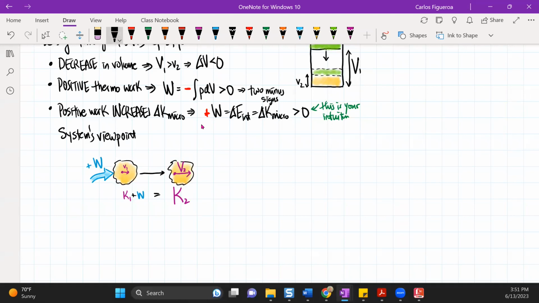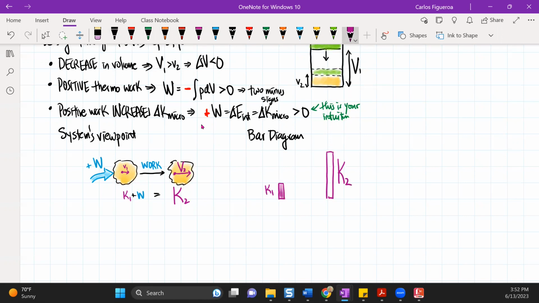And here's my process. I am doing work to increase the energy of that system. Now, from a bar diagram viewpoint, it's real obvious, because what we see here is that this guy starts off with this amount of kinetic energy, and then it increases to K2, right?